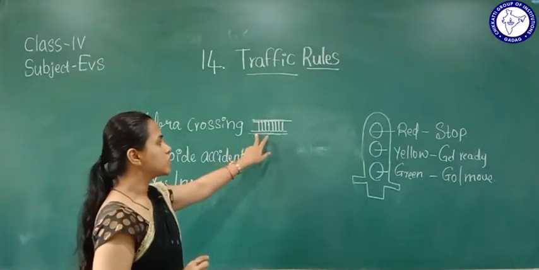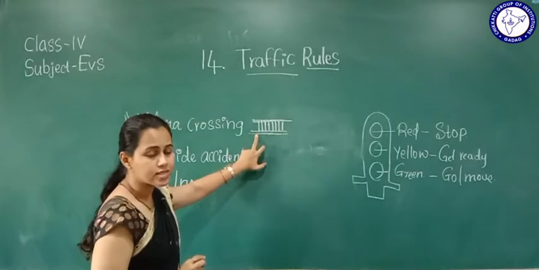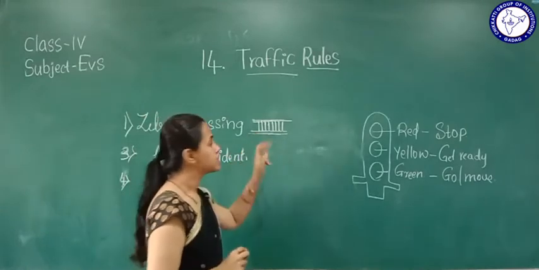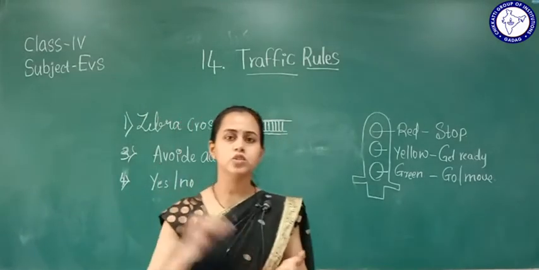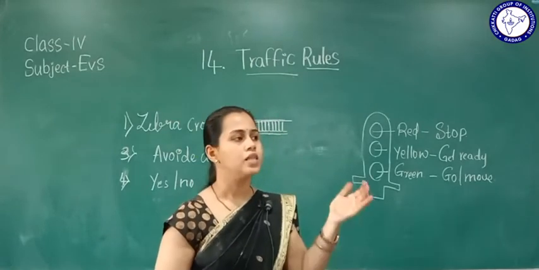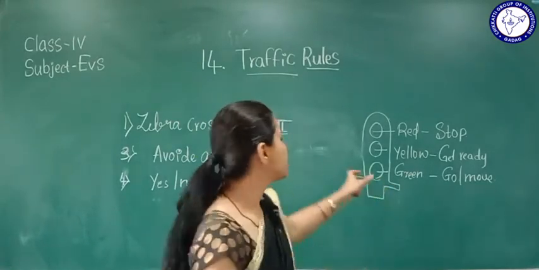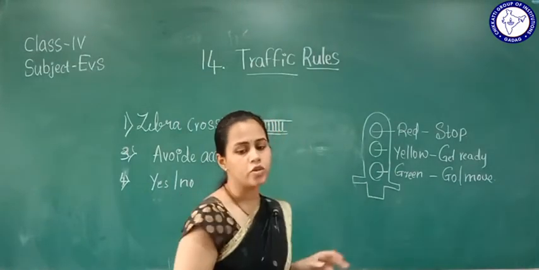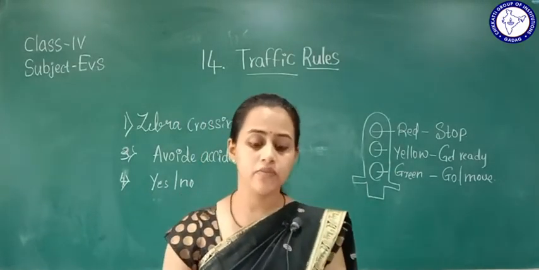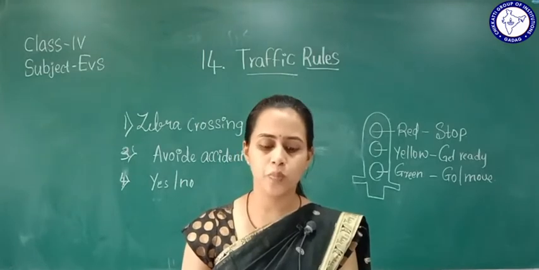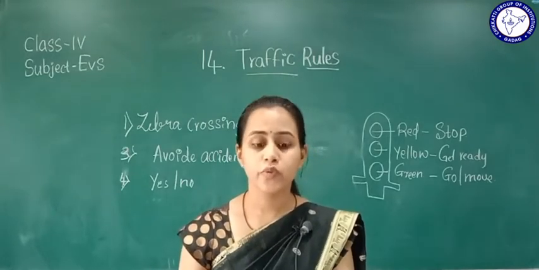How does it look? Tracks, right? Railway tracks. So if there are railway tracks, they usually put this sign, okay? Observe if the railway level crossing gate is open, and then move, right?